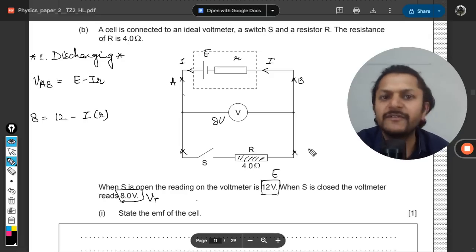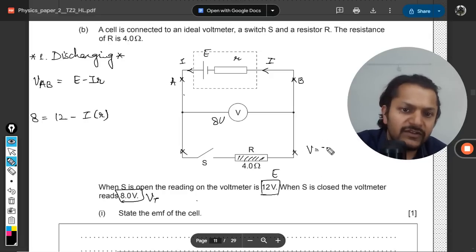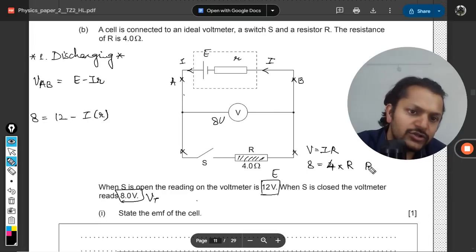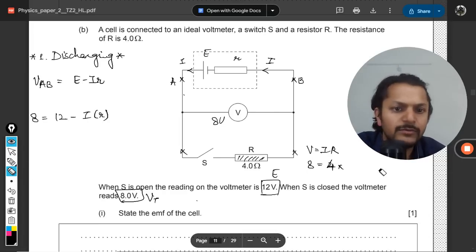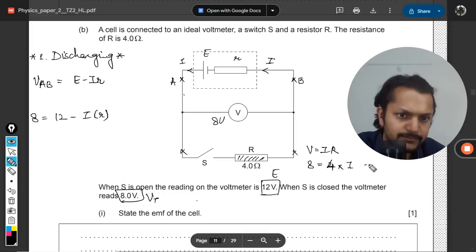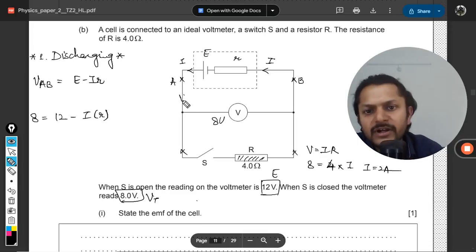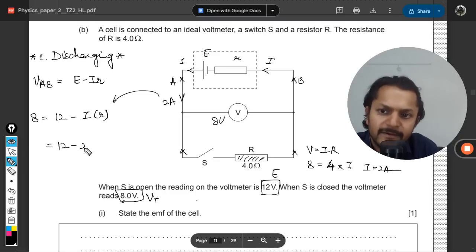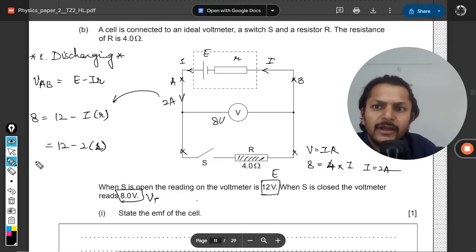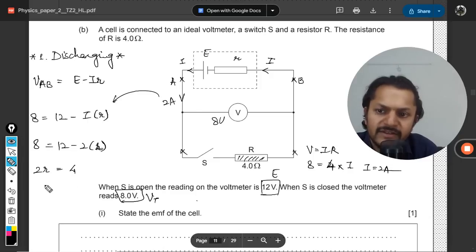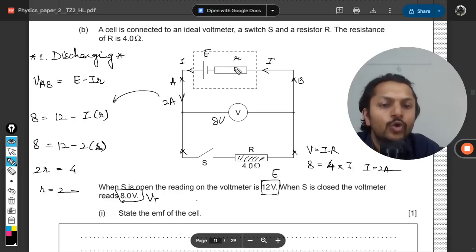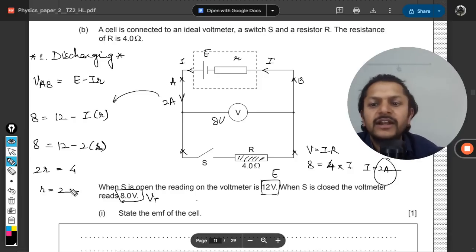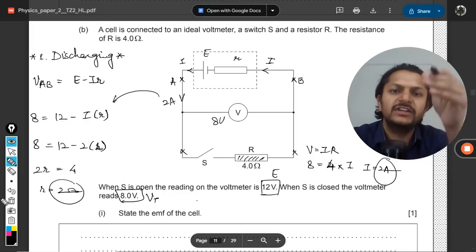So V is equal to IR, 8 equals 4 into R. So the current is coming out to be 2 ampere. If I substitute this value, 2R is equal to 12 minus 8, which is 4. So R is also coming out to be 2 ohm. So 2 ampere is the current and 2 ohm is the internal resistance of the battery.